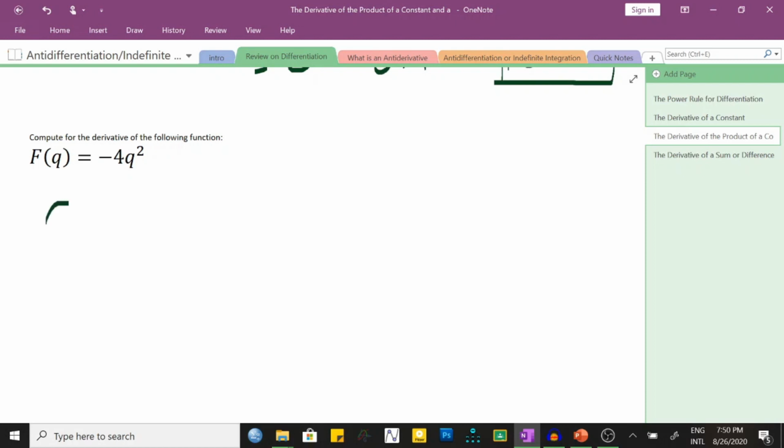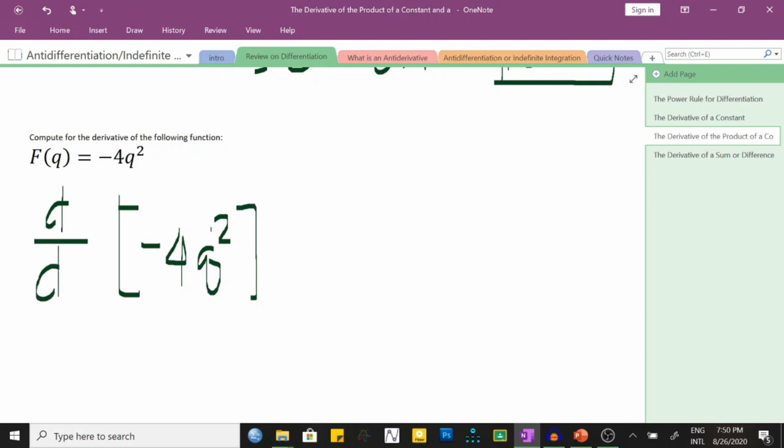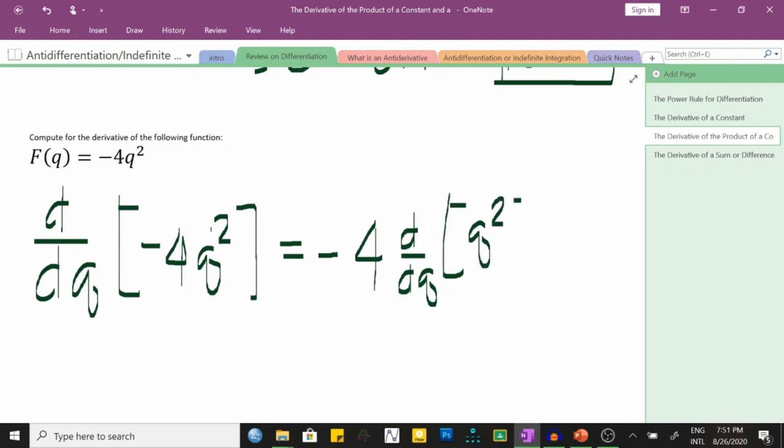So you have the derivative of negative 4q squared with respect to q. So we write d/dq. The constant is negative 4, so we factor that out. And our main concern now is the derivative of q squared.